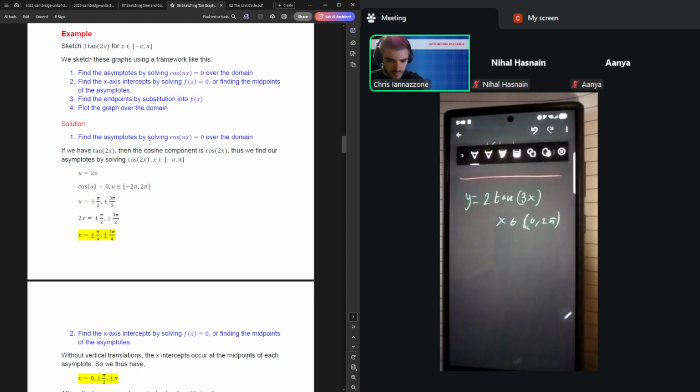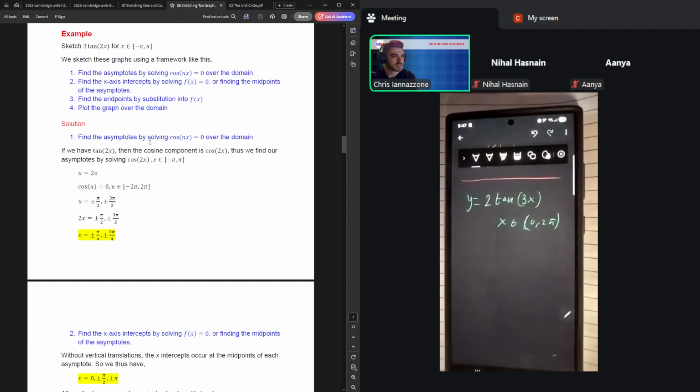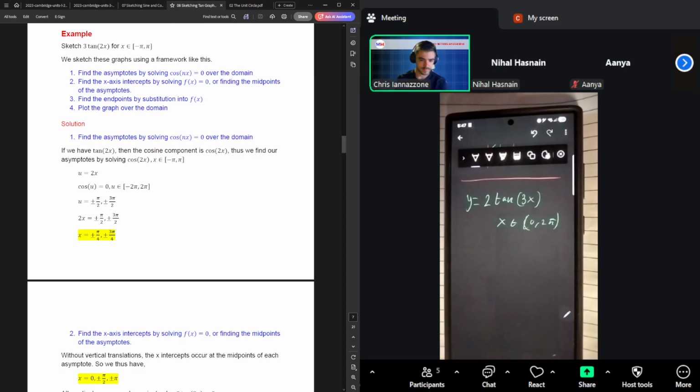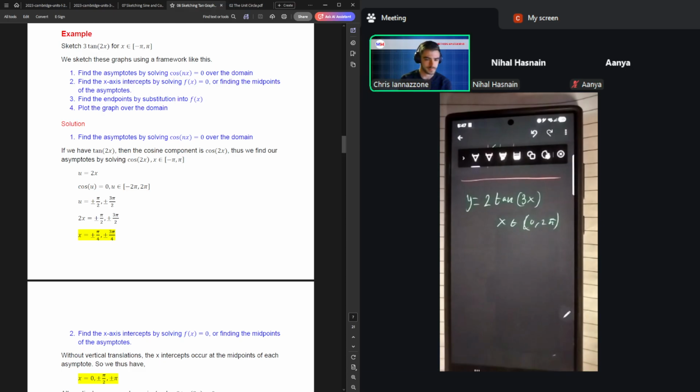Who wants to start us off? What are we going to have to do to start sketching this graph? We have to find the x-intercepts. Yep, x-intercepts will be one of them. How do we get our x-intercepts? We set the equation to 0.